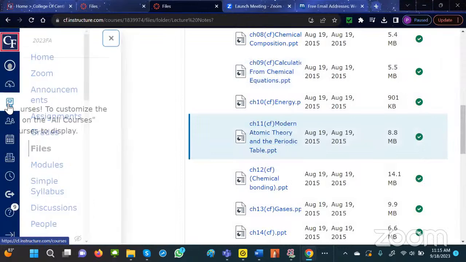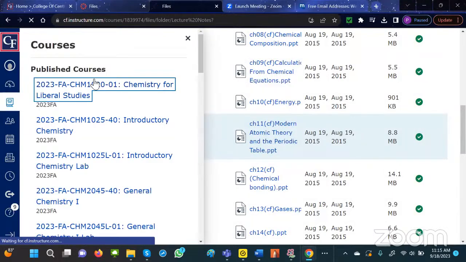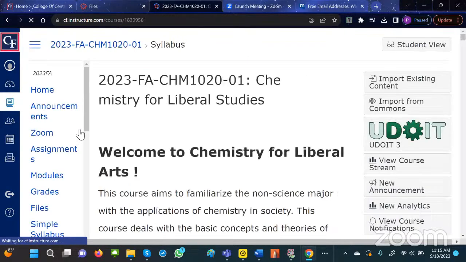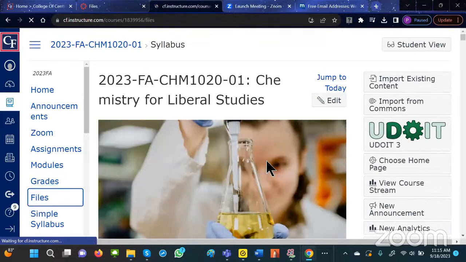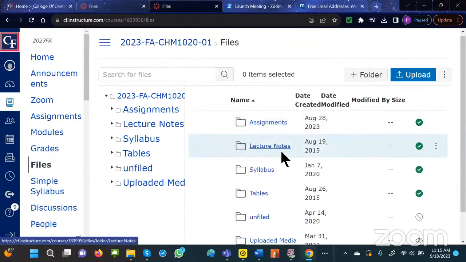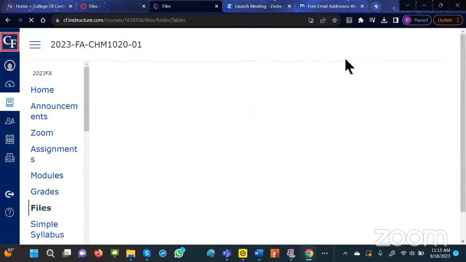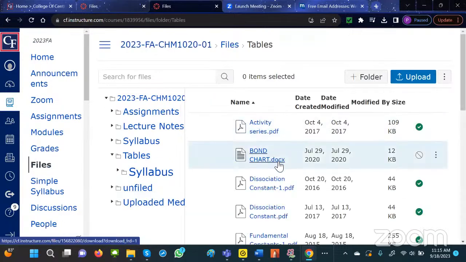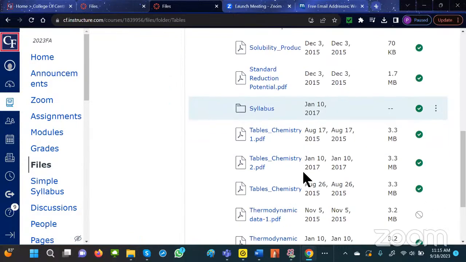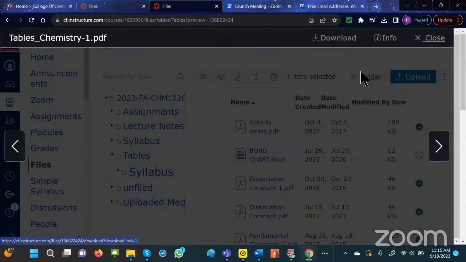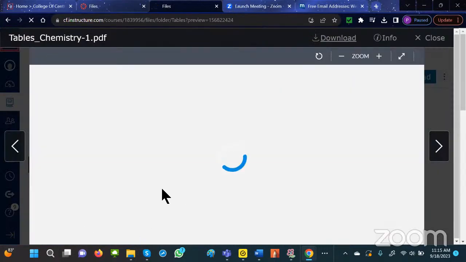Let me go back to this course. So files, and then tables, and then, let me see here. Tables chemistry, download.